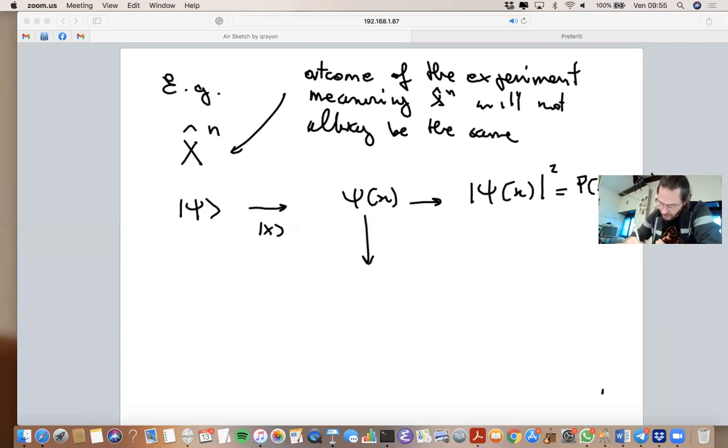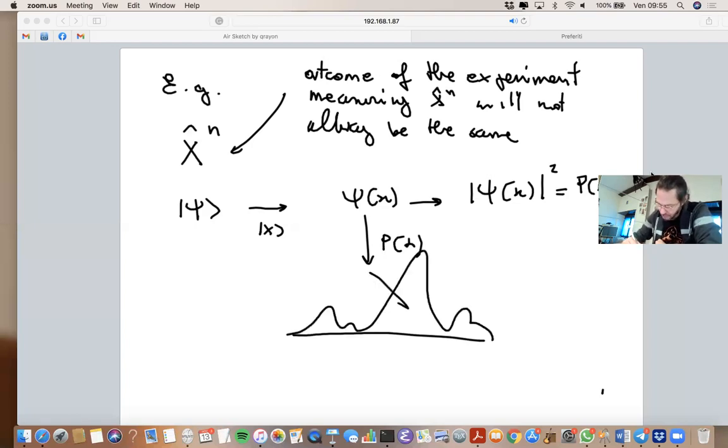The wave function will give me a distribution p of x, which maybe is something like this. So I have regions where the probability of finding the system is larger, and regions where the probability is smaller. And any time I make a measurement, with some probability I find the particle here, and therefore we get x to the n corresponding to this value of x. And occasionally I will get it here, and I will get this x prime to the n.